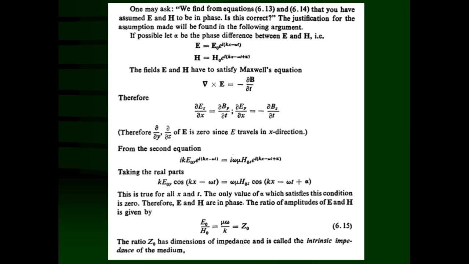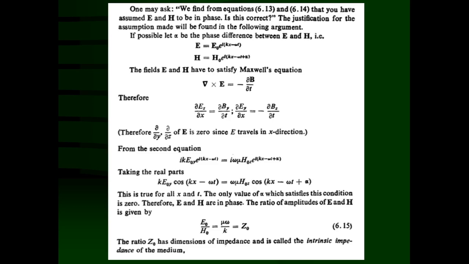Now, in our particular case here, the electric field and magnetic field are propagating in the x direction. That means in the direction of propagation, the components of the electric field and magnetic field are going to be 0. So the Ex component and Hx component are going to be 0. The Bx component is going to be 0.